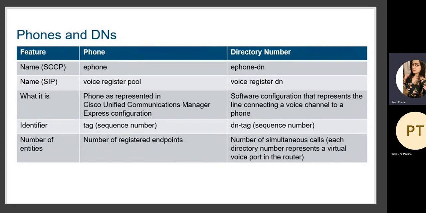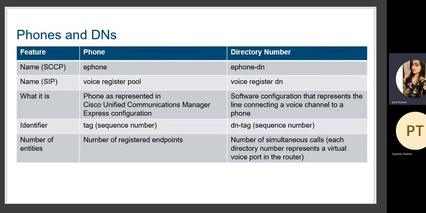That is for SCCP. In SIP, we configure voice register pool for the phone, and the directory number is voice register dn. The phones are represented in the CUCME configuration, and the software configuration that represents the line connecting a voice channel to a phone is the directory number.